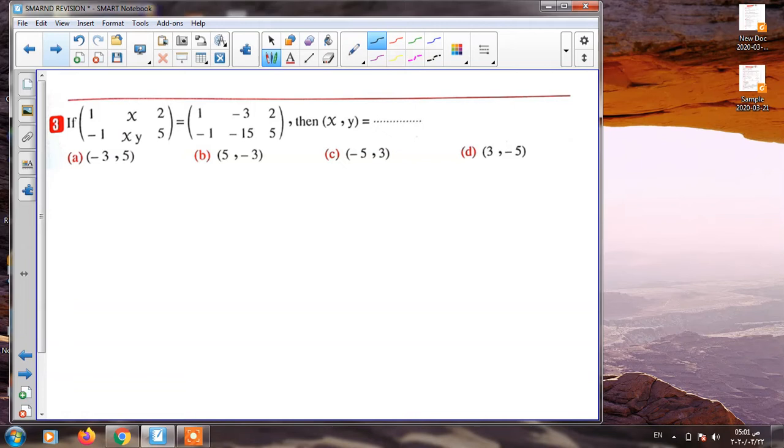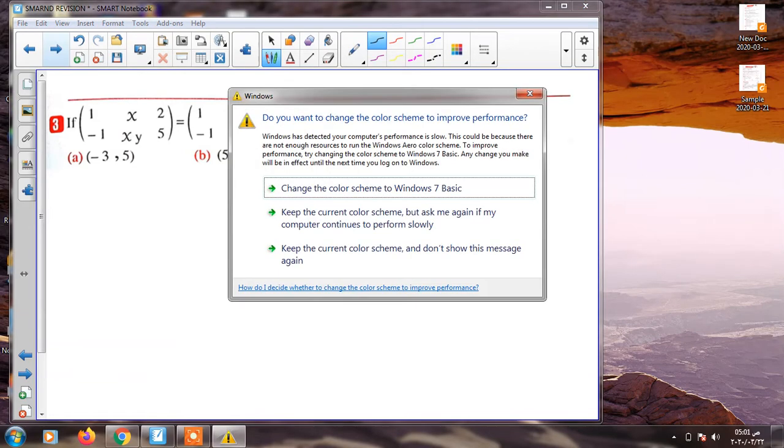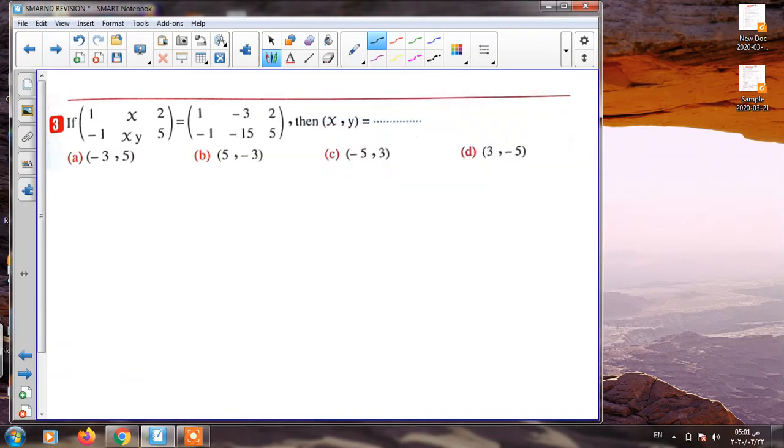If you have 1, x², negative 1, xy, and 5, two matrices which are equal, when we have two matrices equal, then we have to think about corresponding elements being equal. That means here x will be negative 3 and xy will be negative 15.